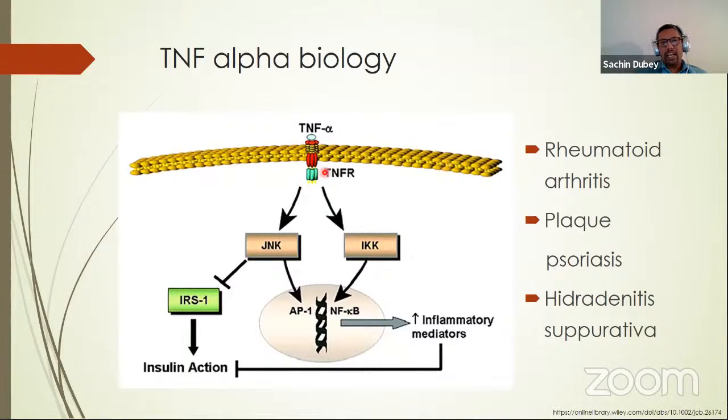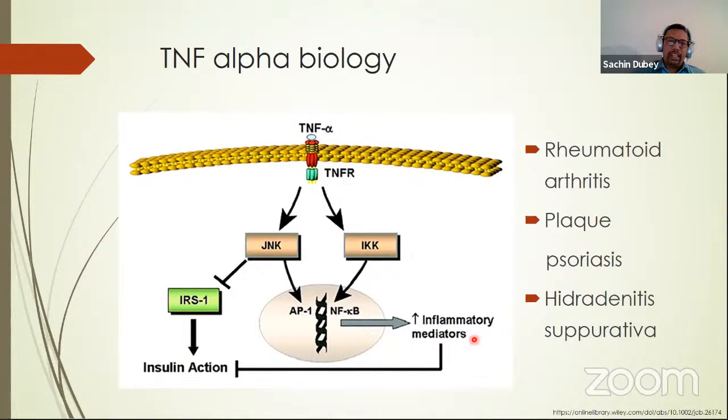What happens is that in a normal pharmacology situation, you have a TNF receptor, and TNF alpha, which is a protein, floats and interacts with this TNF receptor on the cells, elicits several kinase pathways, and ultimately leads into inflammatory mediators or inflammatory responses.